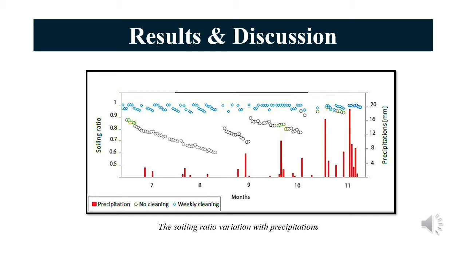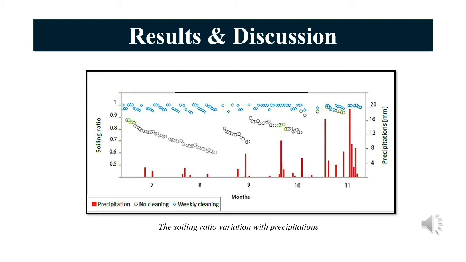As we can see from this graph, it can be clearly noticed that the soil ratio for the non-cleaned panel has reduced from 0.97 in the first month, July, to 0.6 in August, which signifies a reduction of 20% of the electrical output. Meanwhile, for the weekly cleaned panel, soiling has not really affected the electrical output.